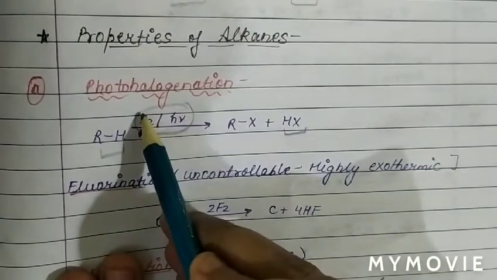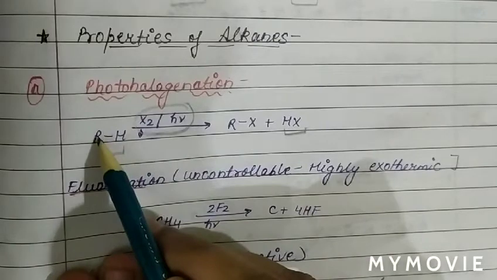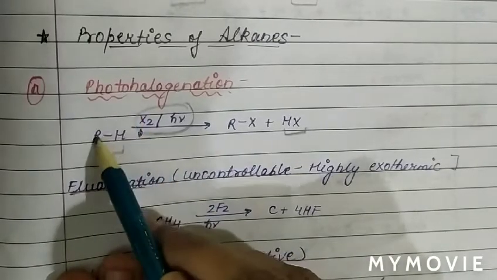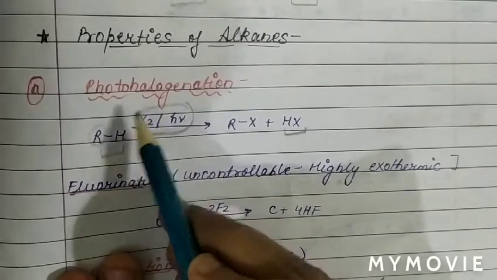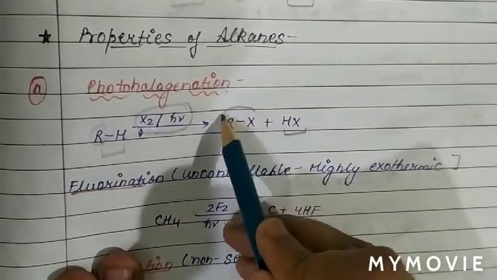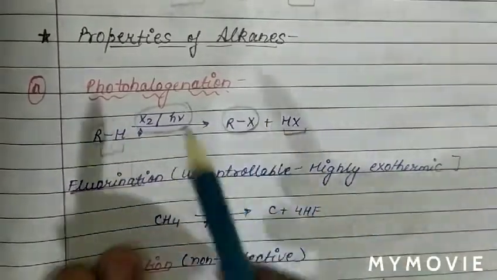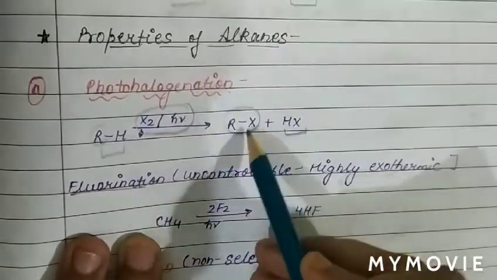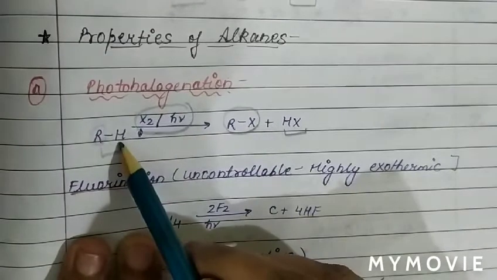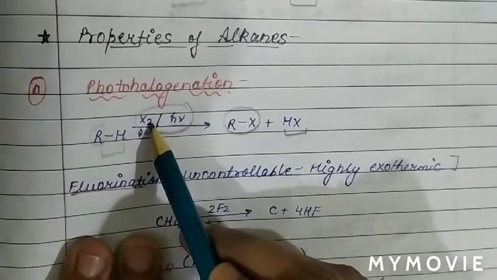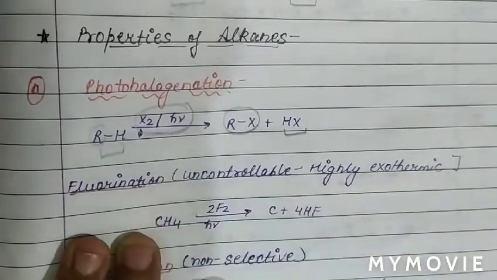So one halogen also remains. So this remaining halogen and the alkyl group will combine and form alkyl halide. So basically the first property of alkane is the preparation of alkyl halide from alkane in presence of halogen by using sunlight.